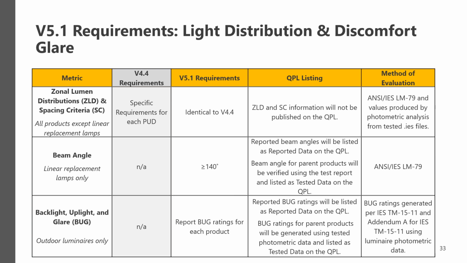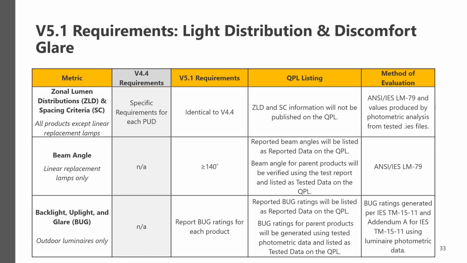BUG ratings for outdoor luminaires. Just to reiterate, this is only a reporting requirement, not a qualification criterion. In other words, there are no pass-fail BUG rating thresholds for a product to be listed on the QPL. And in terms of QPL listing, BUG ratings for outdoor luminaires are to be reported on the application form and will be listed as reported data on the QPL.